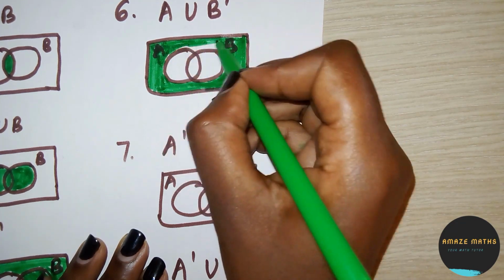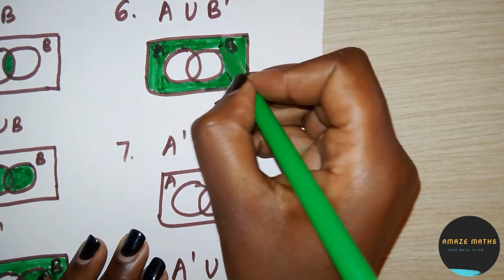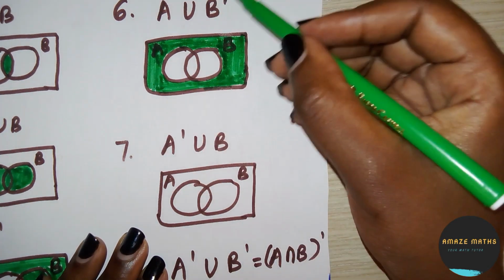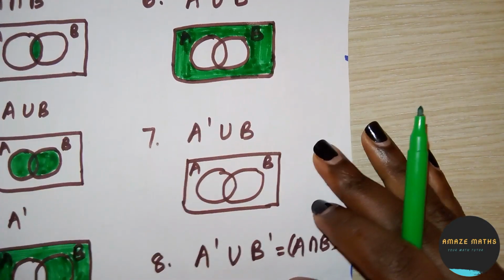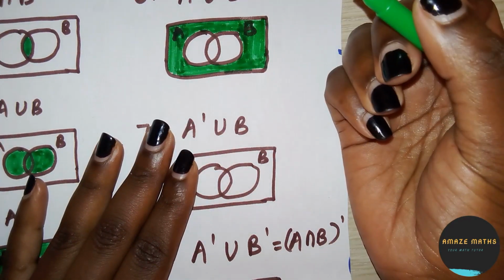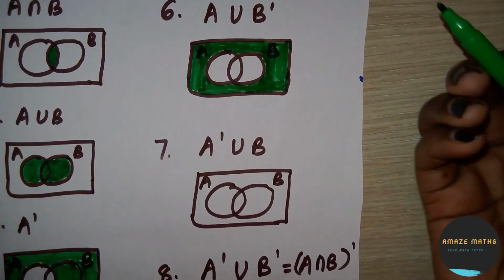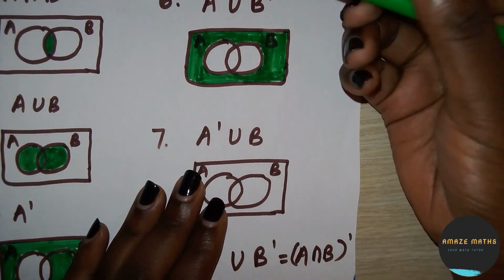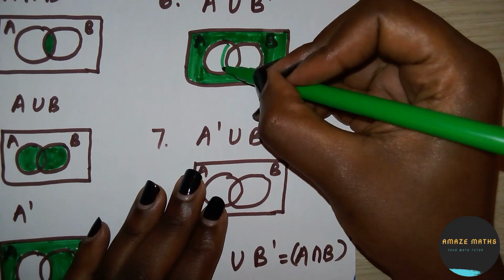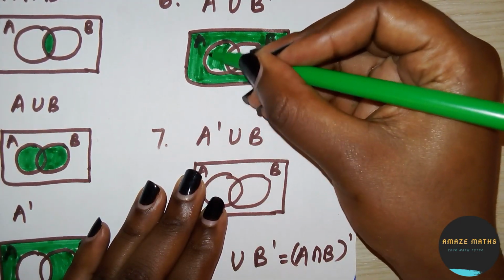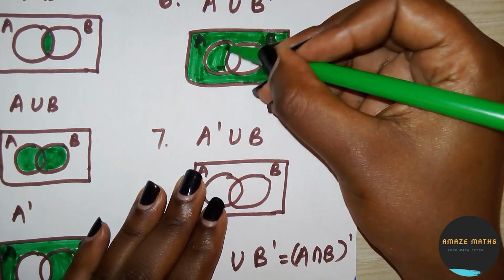So we have that region, and also we have outside of B. Outside of B would be that region.